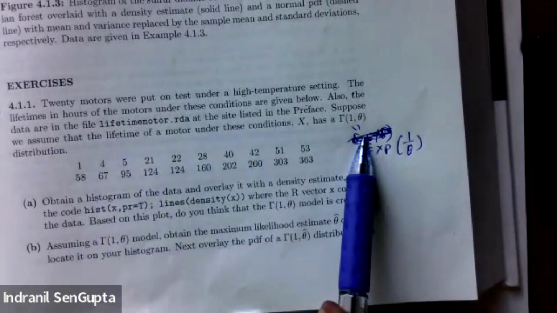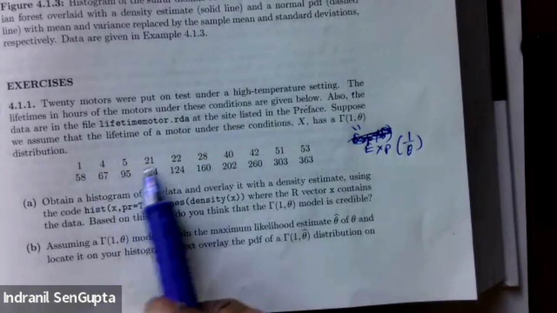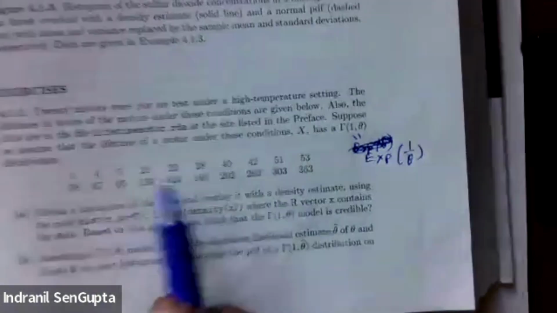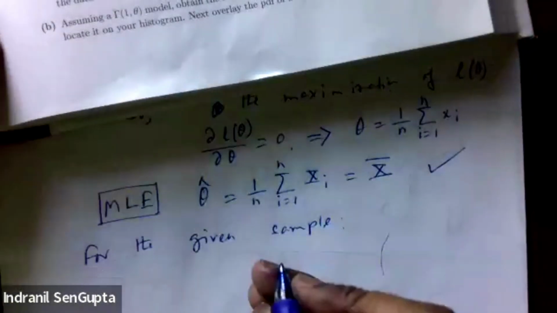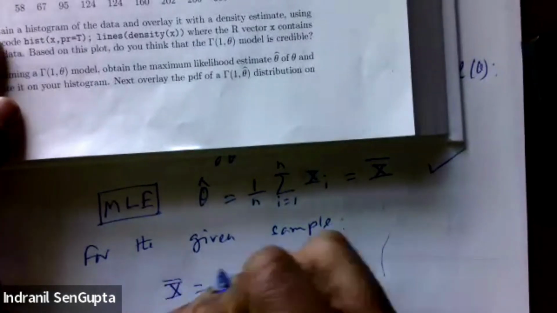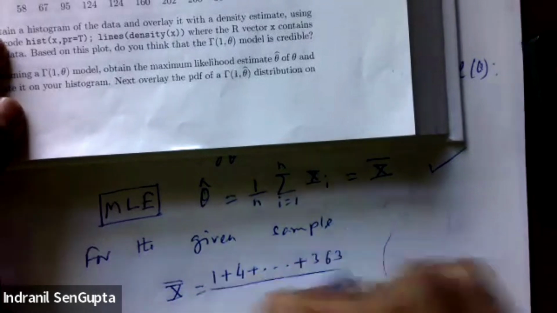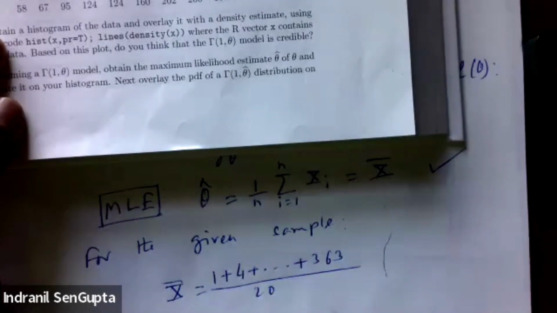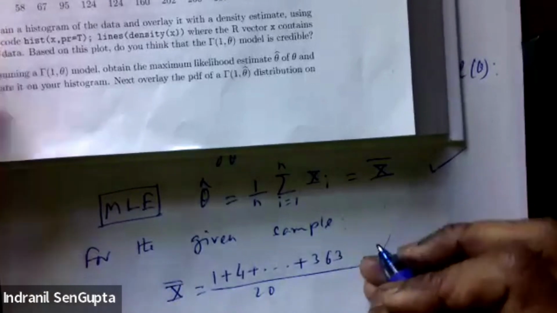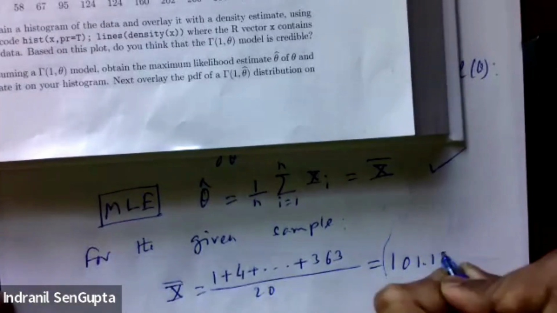I'll simply add these numbers and divide by 20. Whatever I get, that is my average, the sample mean, right? For the given sample, X bar is 1 plus 4 plus and so on up to 363, over 20. Okay. And this number, I have computed, is 101.15.